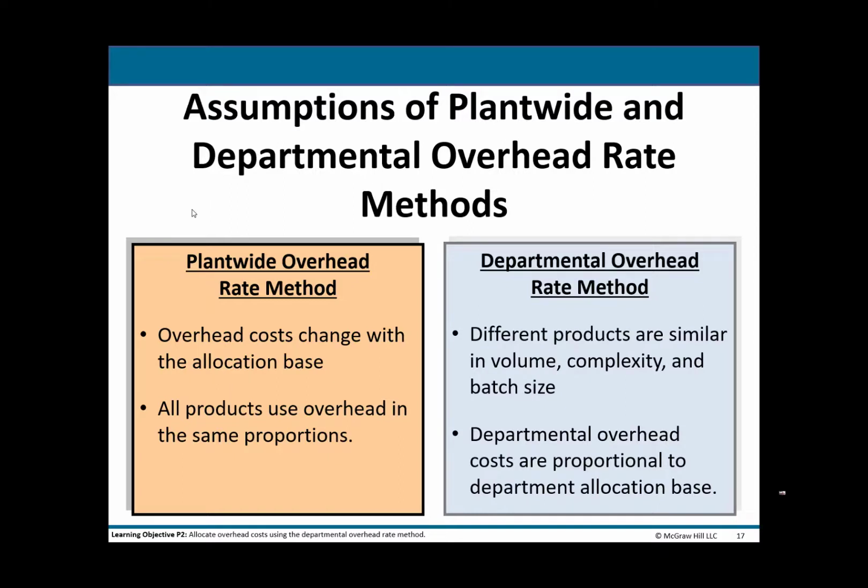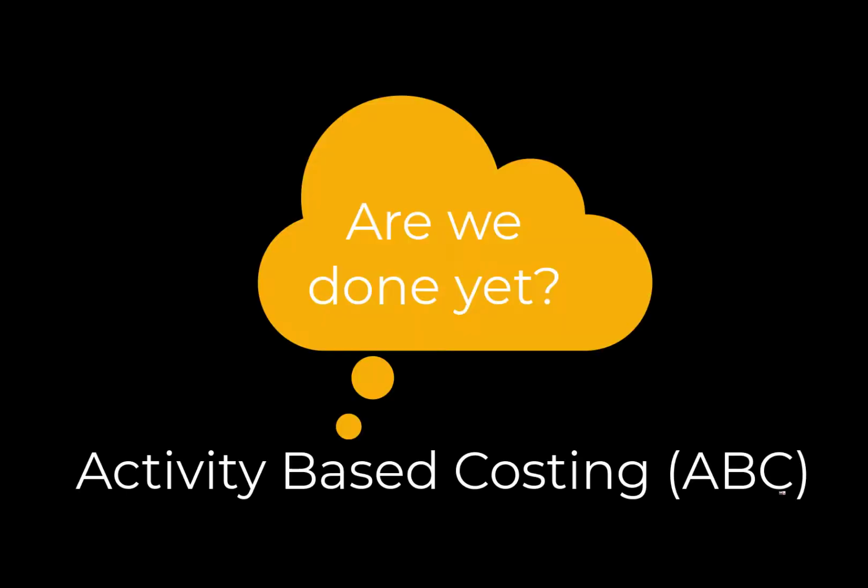The departmental overhead rate method assumes that different products are similar in volume, complexity, and batch size, and that departmental overhead costs are proportional to the allocation bases that they use. We still have activity-based costing left. That will be in our next lecture.